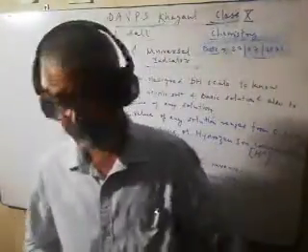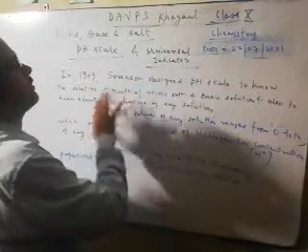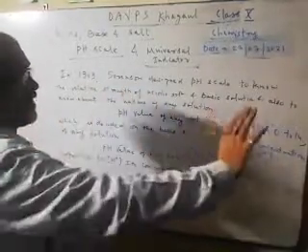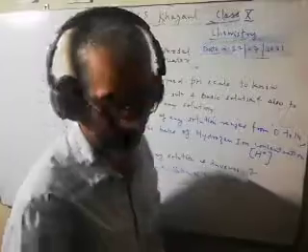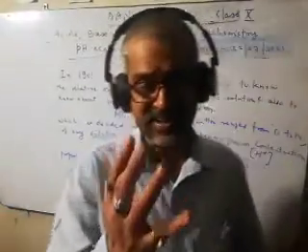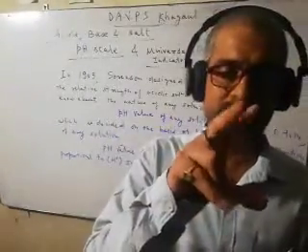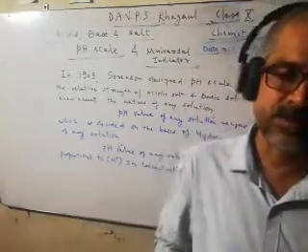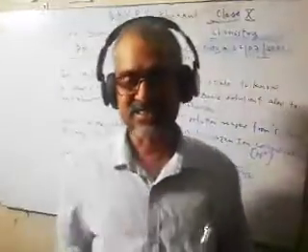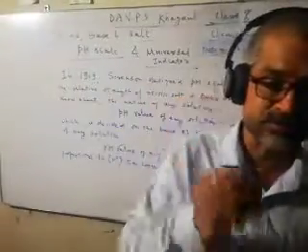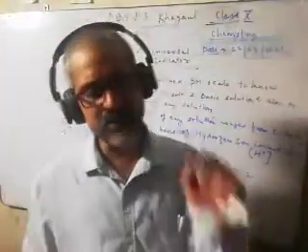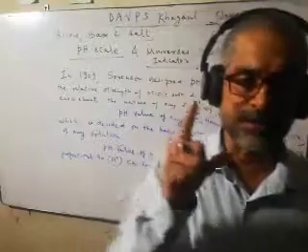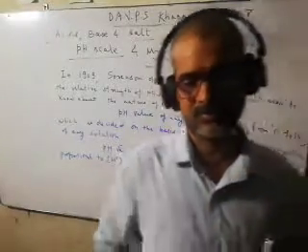Okay, let us write. Now I will give you a chart, and that chart will give you the idea of the universal indicator color change while testing the nature of the solution and determining the pH value of the particular solution.